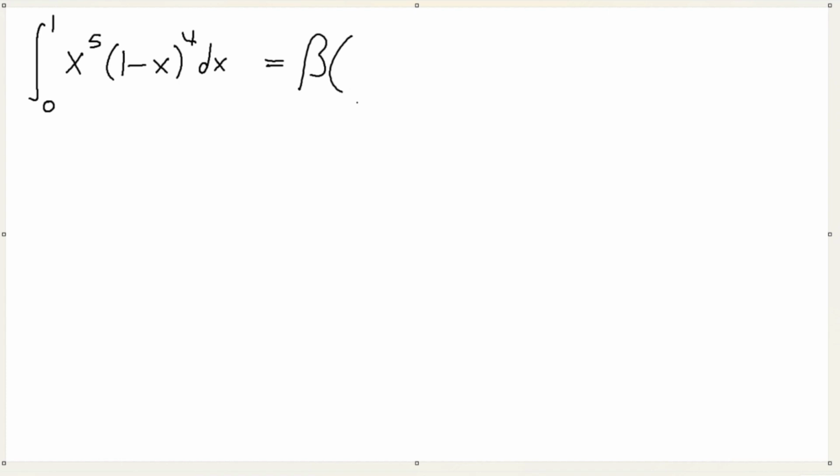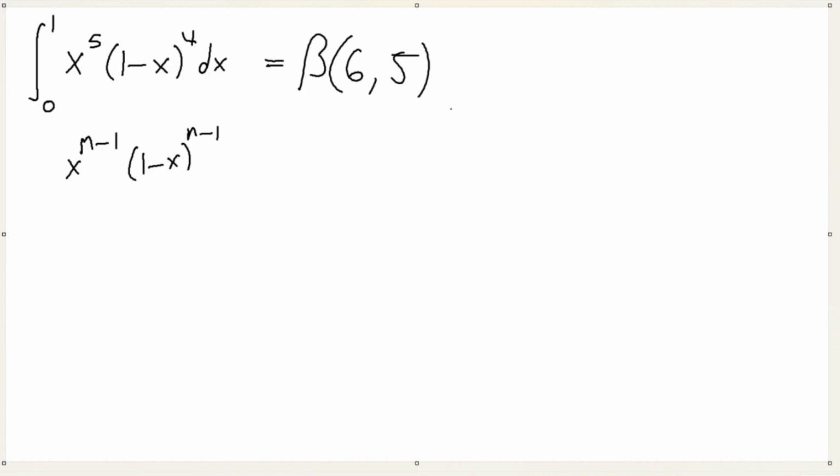Now, be careful, this is not 5, 4. The format was m minus 1 and n minus 1. So this is equal to m minus 1, and this is equal to n minus 1. That means that we are adding 1 more. So this is 5 plus 1, 6, and 4 plus 1, 5.